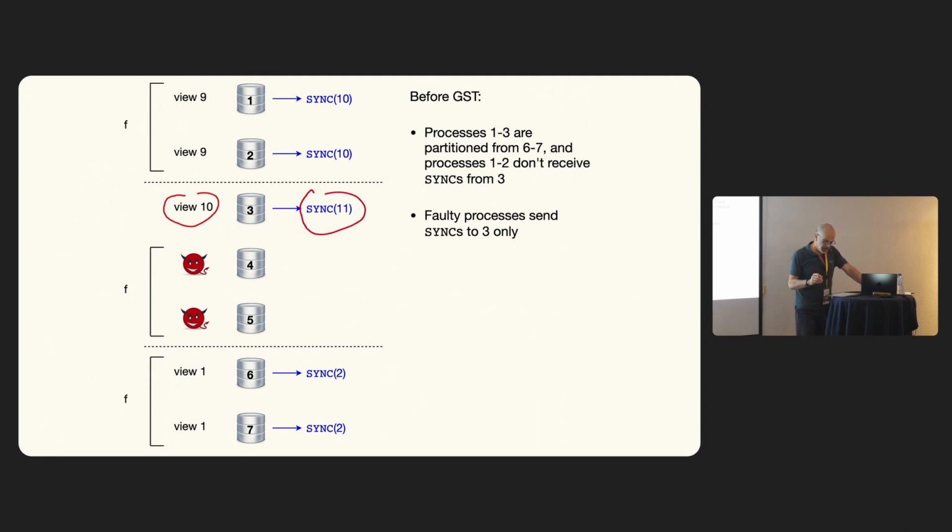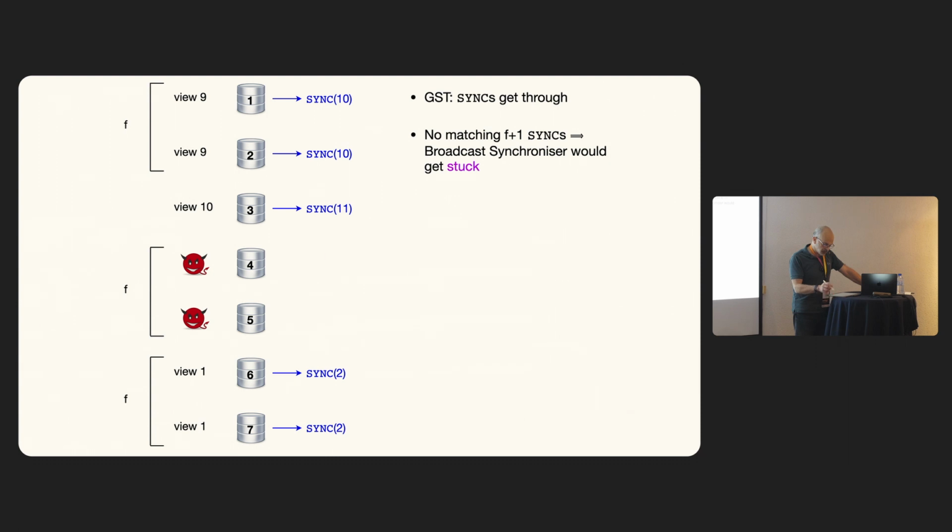So we can end up in this situation where we have a large number of mismatching views, and this is something that the broadcast synchronizer can't cope with because of the message loss. So it will get stuck in this situation.